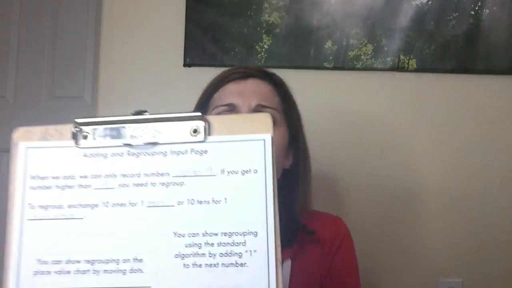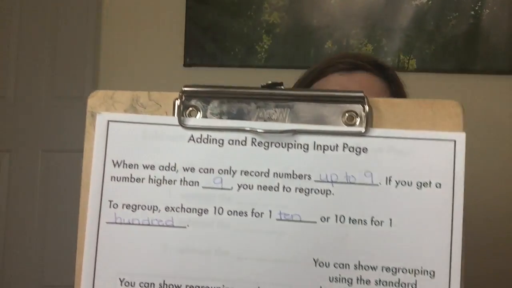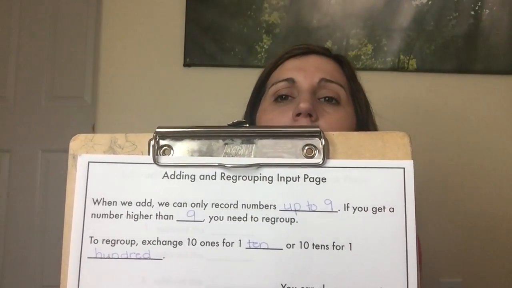If you get a number higher than 9, you need to regroup. To regroup, exchange 10 ones for 1 ten or 10 tens for 100. Those sentences were a little bit confusing. They're true, but they're a little bit confusing. I find that with adding and subtracting, it's easier to do it than to talk about doing it.